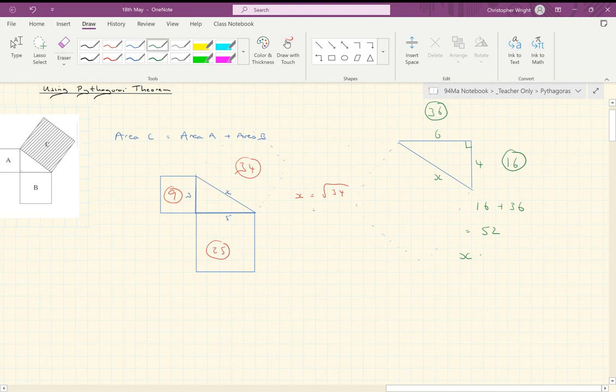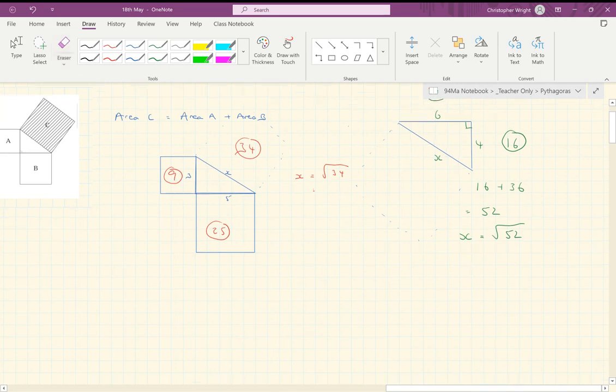So that means that x must be the square root of 52, which you can work out on your calculator. So, in all of those, I had to work out the hypotenuse. And I used the fact that the area of the square on the hypotenuse is this area plus this area.